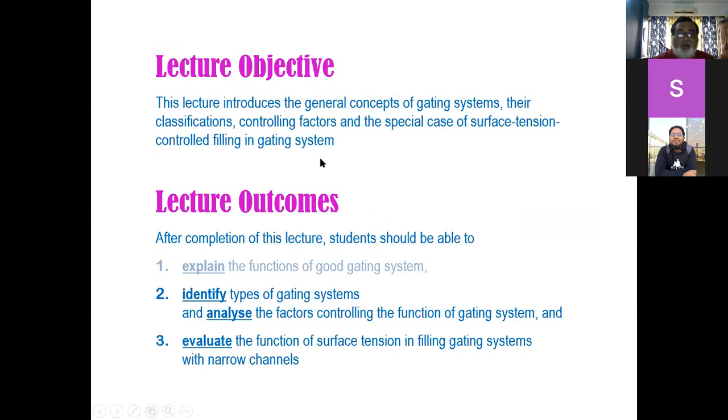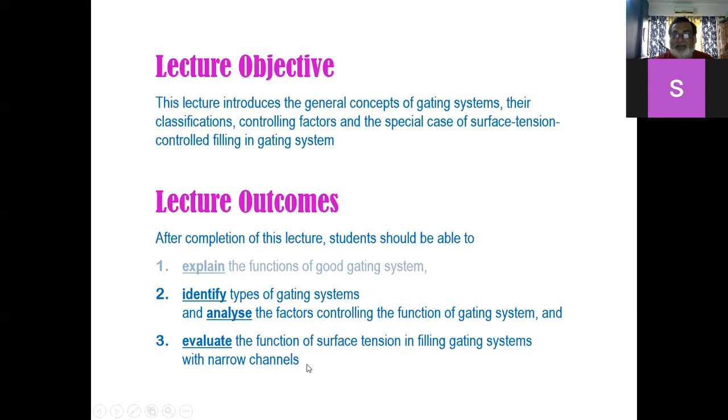Here, we'll talk about identifying different types of gating systems, and we'll analyze the factors controlling the function of the gating systems. So when you design a gating system, what aspects do we keep in mind during the design? And one special topic is narrow channels.